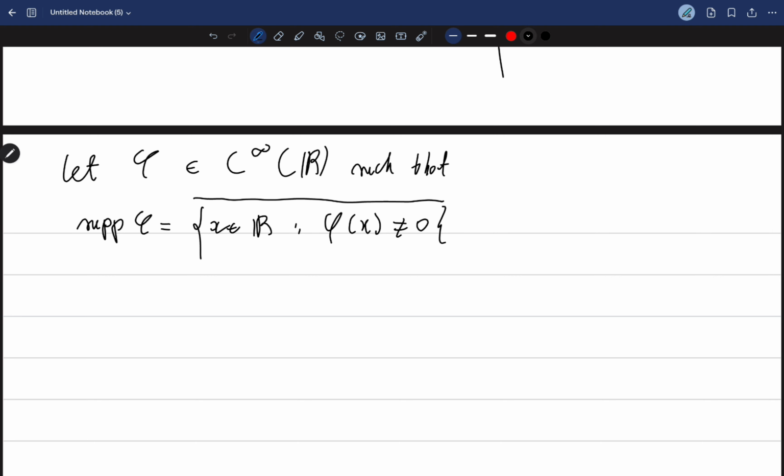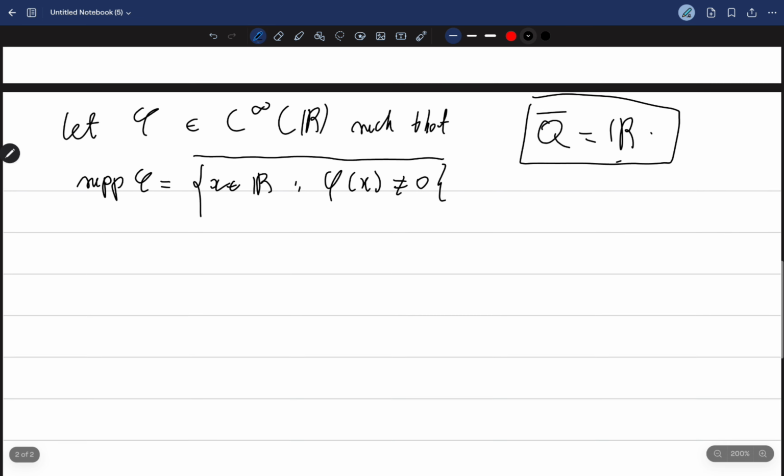The limit points means that we take the set of x in R such that f of x is different than 0, and then take all of the sequences that converge in this set and include the limits to this set. So for example, Q is dense in R, so the limit points of Q is R.